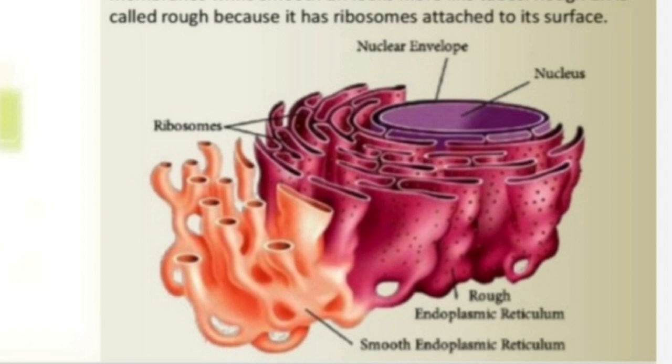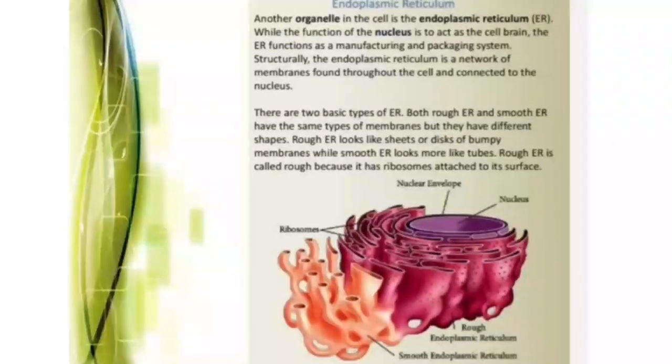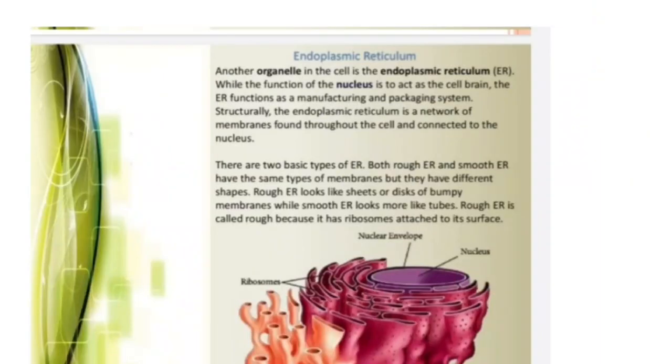The functions of the endoplasmic reticulum: it helps to produce proteins for the rest of the cell to function. The endoplasmic reticulum is a collection of tubes that makes, packages and transports proteins and fats.